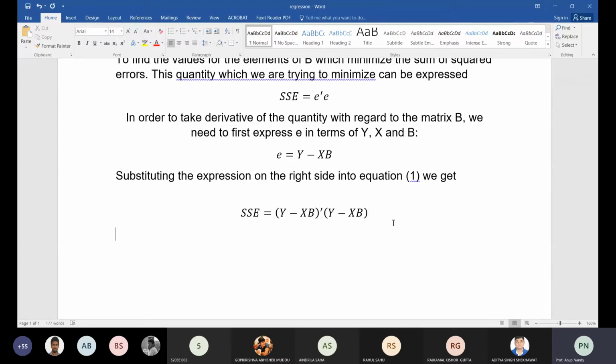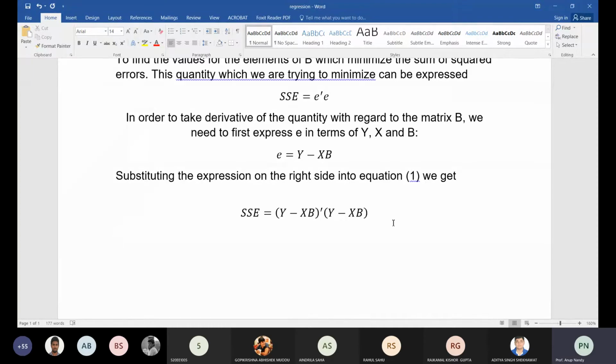So now there is a transposition operator on the first quantity in this product. It can be distributed. Okay, in this way. There's a transposition operator in the first quantity in this product, y minus xb transpose.